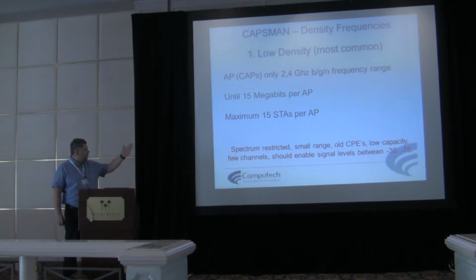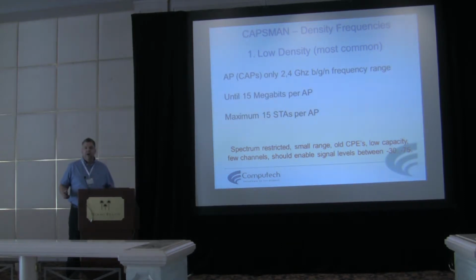When I use 2.4 BGN only, I can share only 15 megabits per crowded AP. Imagine a crowded AP where I have less airtime, with a maximum for a good project of 15 stations per AP.